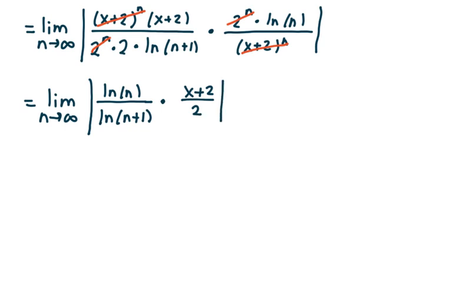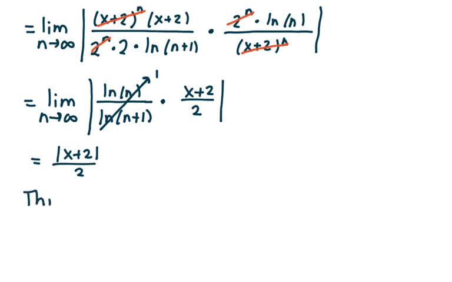But as n goes to infinity, natural log of n over natural log of (n + 1) is going to go to 1. And so what we have left is (x + 2) divided by 2.